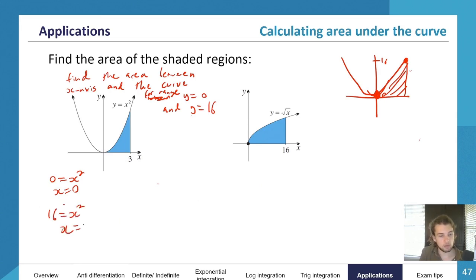That means x is equal to plus or minus the square root of 16, which is equal to plus or minus 4. So there's two values. Now, I probably should have said more explicitly, we're looking for the range, the positive range.